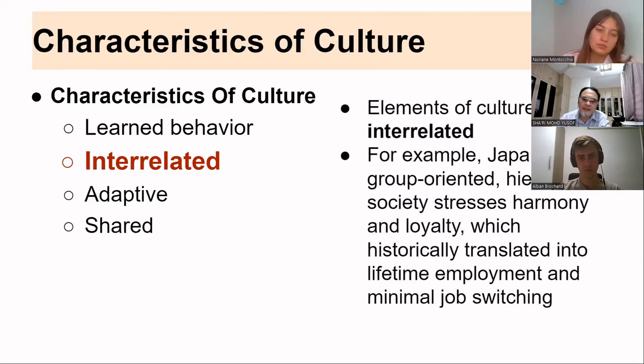What do you mean by interrelated? It's not just one. It's a learned behavior, but it is interrelated to the hierarchy in a society. It is related to how we have been practicing it.